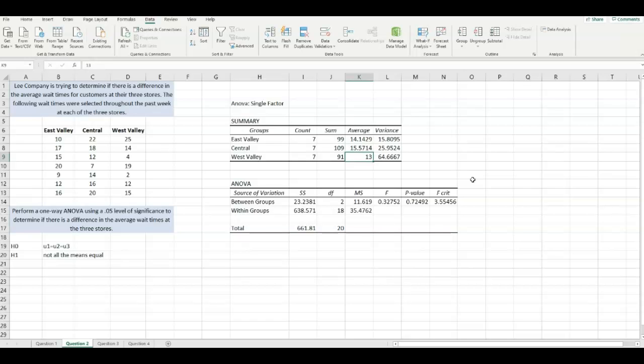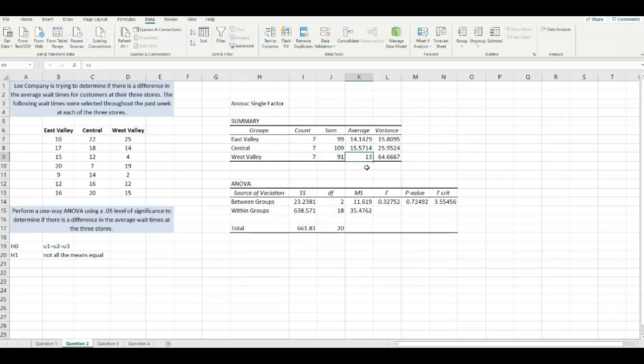So there is a difference in these samples. But again, what we're trying to do is use these samples to figure out, for all of the wait times at these stores, is there a difference? So there needs to be a big enough difference between all of these averages for there to be a difference in our true population means.